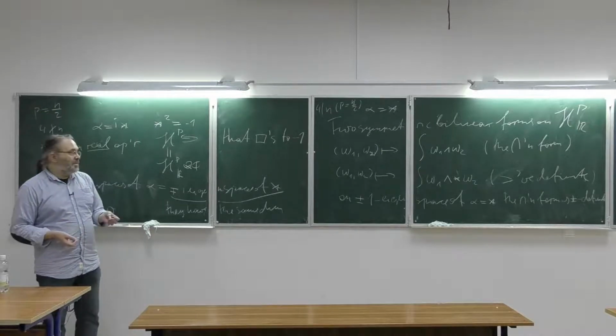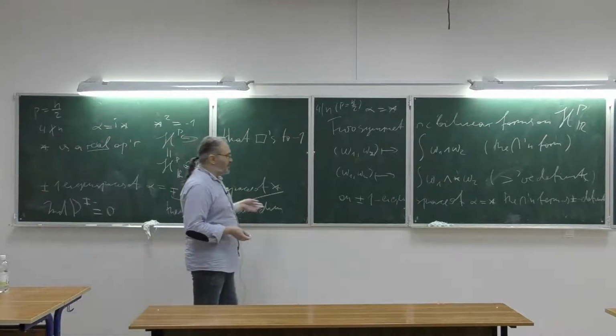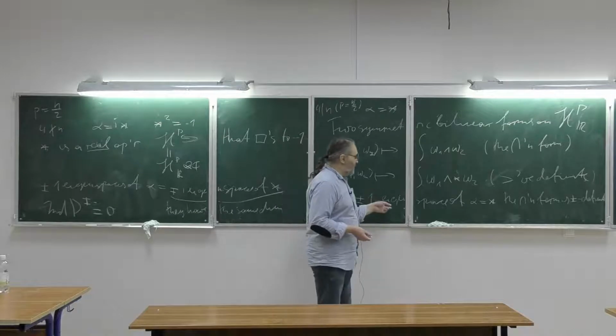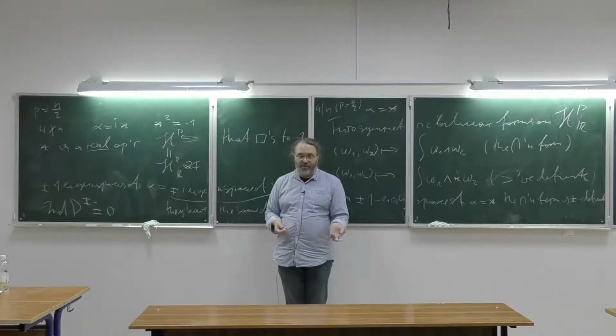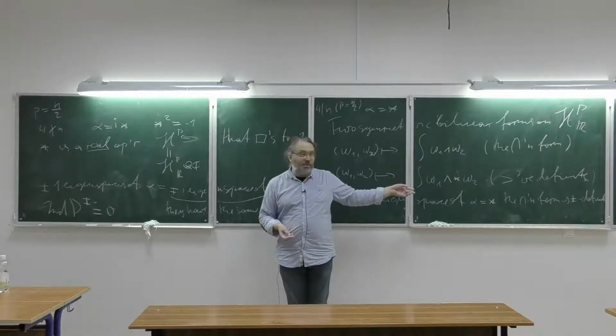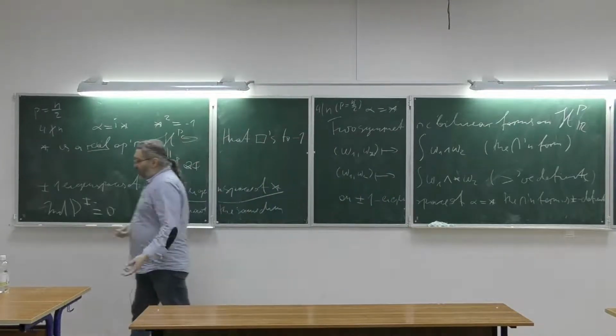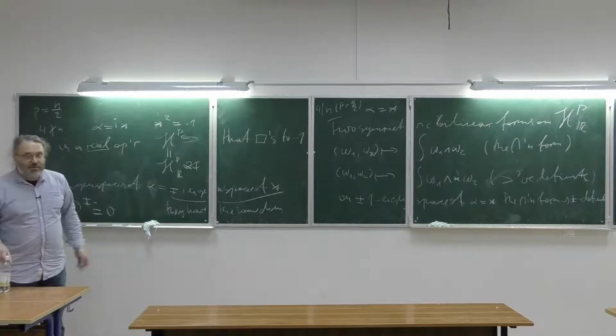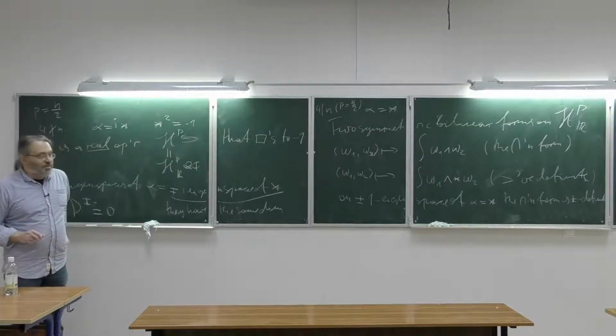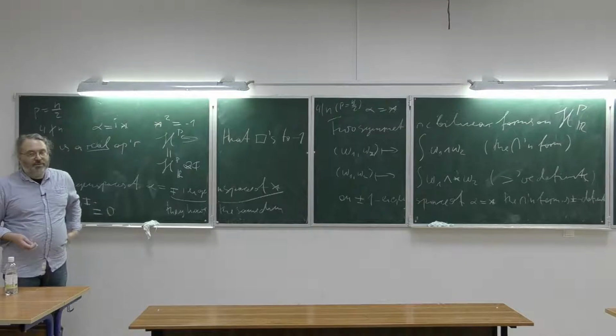And so the dimension of +1 eigenspace minus the dimension of -1 eigenspace is the signature of the intersection form. And this is it. This is what we're after.